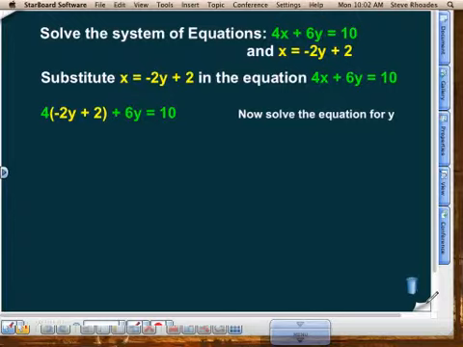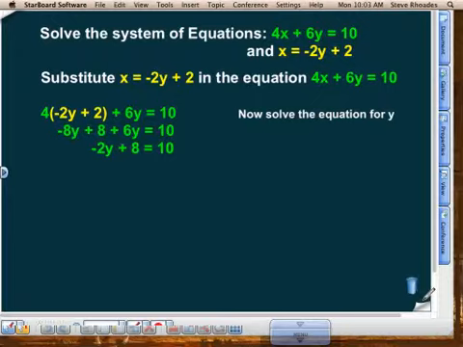This is just a regular basic algebra problem now. We use the distributive property. We take 4 times negative 2y, and what do you get? Negative 8y. And 4 times 2 gives you 8. So I can get rid of those parentheses.